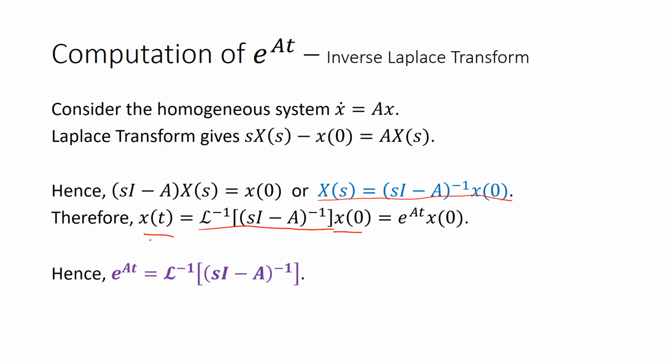We know that x(t) is e to the power of At x0, and hence we can be very sure that e to the power of At is nothing but the Laplace inverse of (sI minus A) inverse.